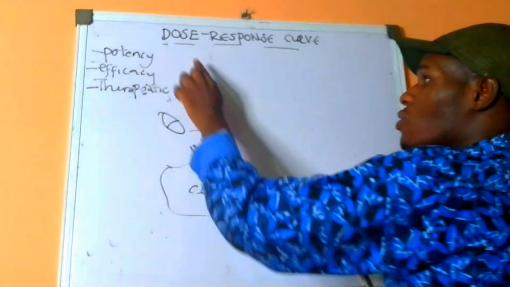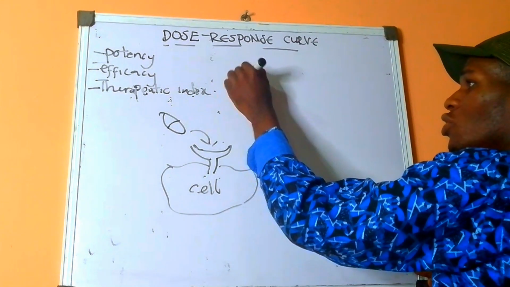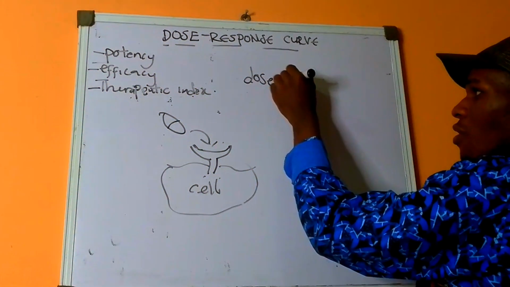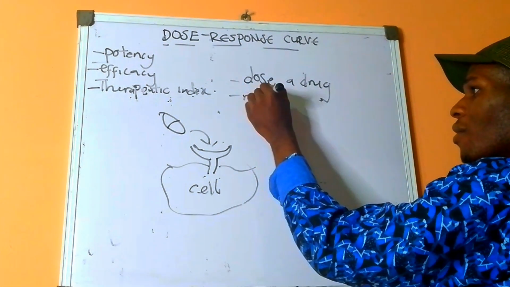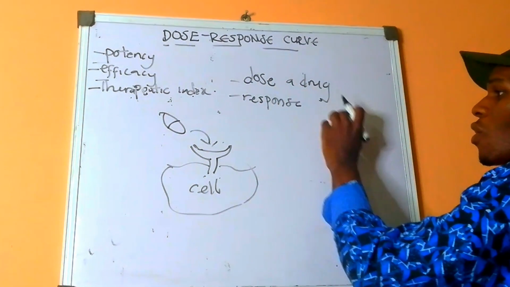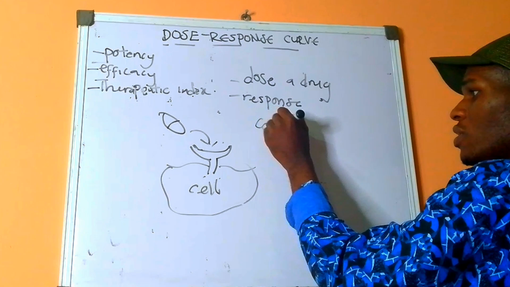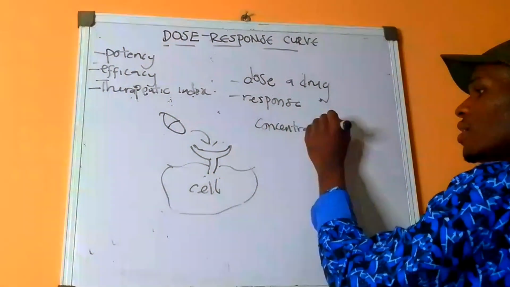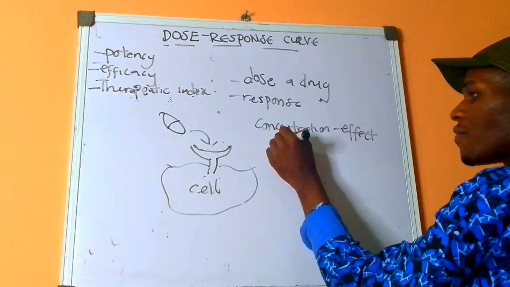Now, when we talk about dose response curve, we are looking at the dose of a drug that is required to elicit a given pharmacological response or effect. Dose response curve can also be called concentration effect curve.